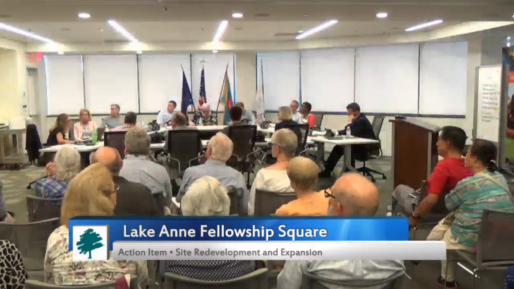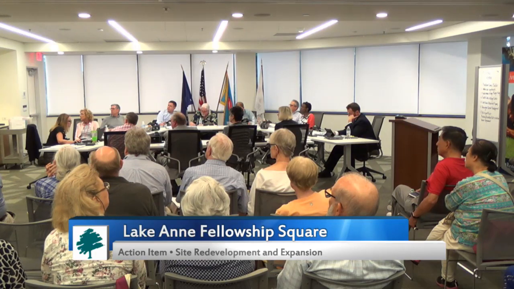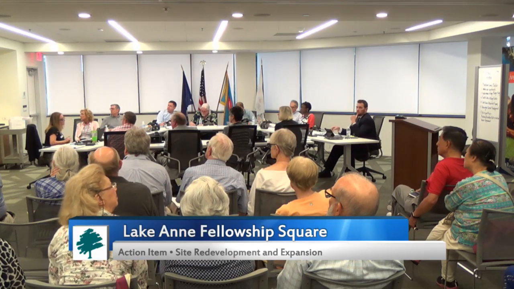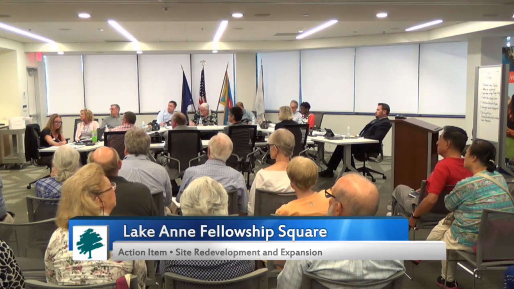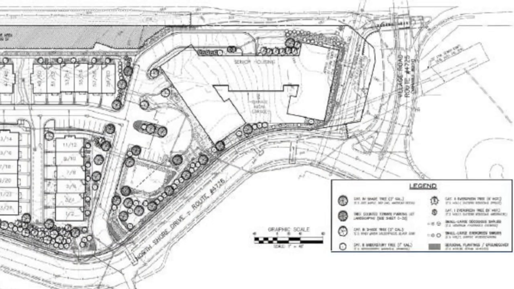Can you go back to the black and white drawing? The plan? So where the steps are coming up between the two rows of two-over-twos, those trees are shown on top of or in front of the retaining wall? On top. So I understood his question to be, are the trees between the retaining wall and the street? They're not.